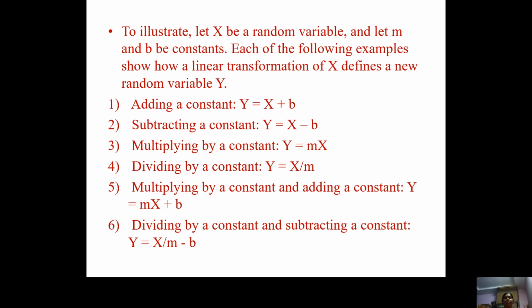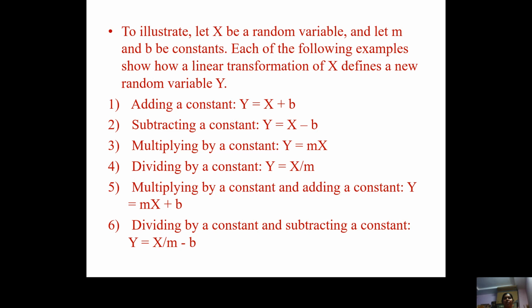Here we have taken one random variable X and we are going to apply several transformations on it and obtain a new random variable, denoted by Y. Adding a constant: Y equals X plus b. We have added constant b to X and obtained the new random variable Y as X plus b.